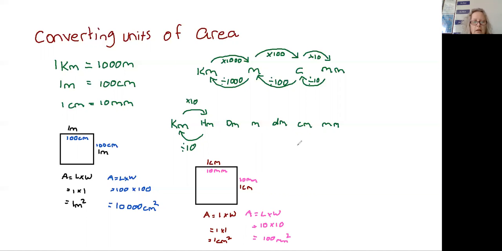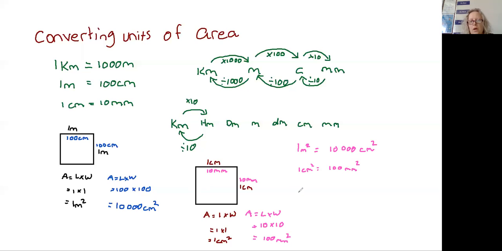We can write 1 square metre is 10,000 square centimetres, just like we worked out over here. We can write that 1 square centimetre is 100 square millimetres.